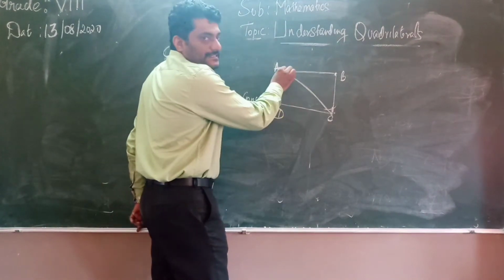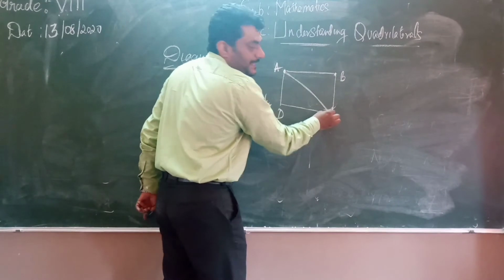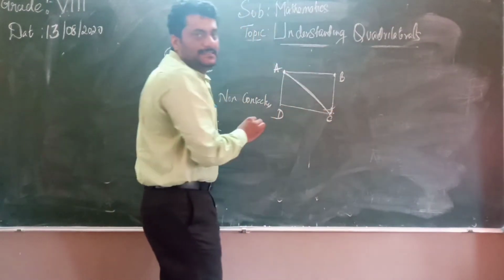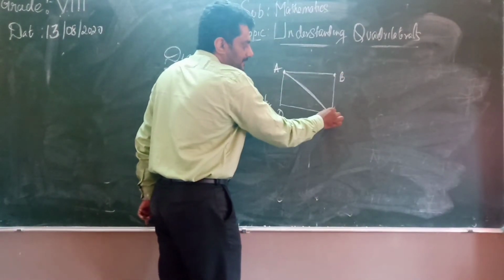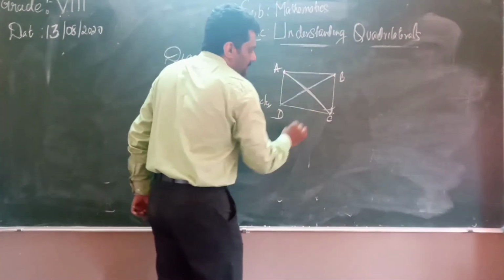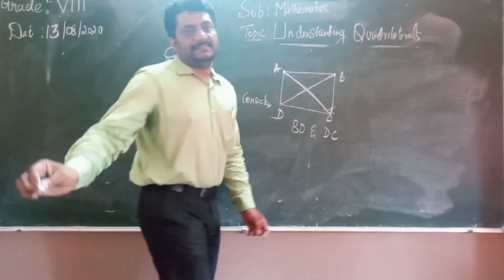If this is the first one, this will be consecutive, so this will be the non-consecutive. So you join these two, it will become a diagonal. If I take this point, this is consecutive, this will be non-consecutive. Now BD and AC are the diagonals.